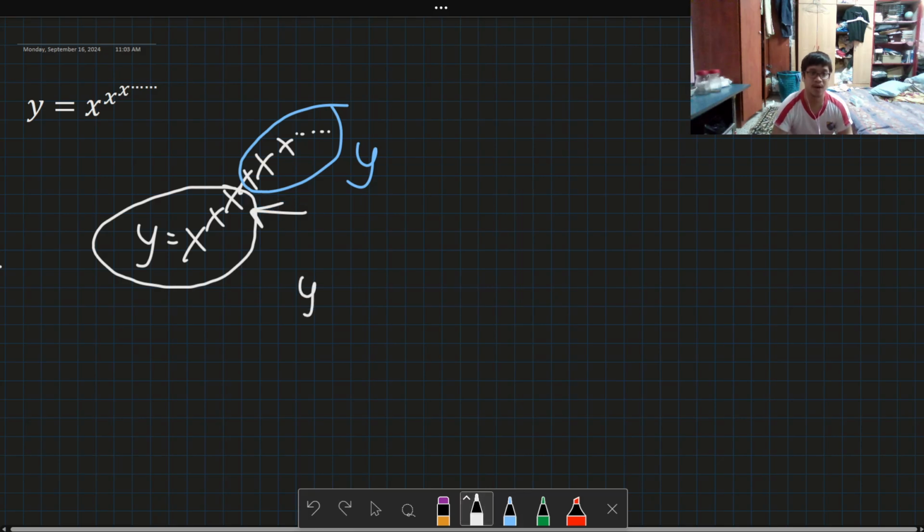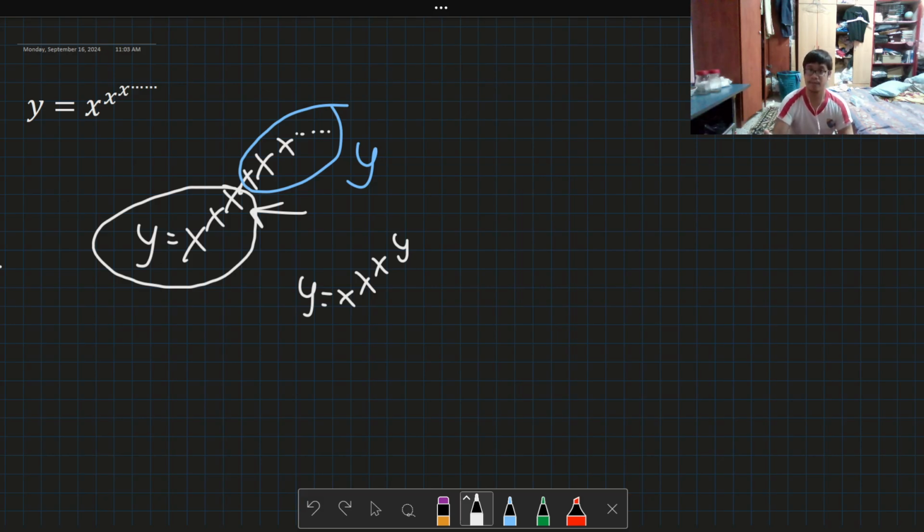So I will have y is equal to x raised to x raised to x raised to y. I can do that because y is x raised to x raised to x, so it goes on to infinity. It's an endless number of x as your exponent, right?